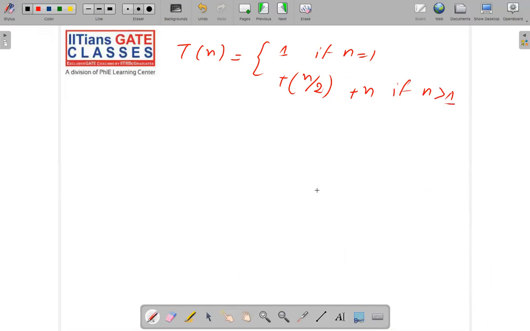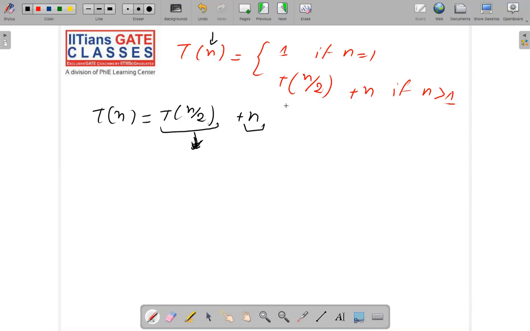If you try to solve this, let's try to do the substitution. Initially, this is a step. Once you replace n with n by 2, what will happen? We are calculating the value for this one. Okay, this is sorted.